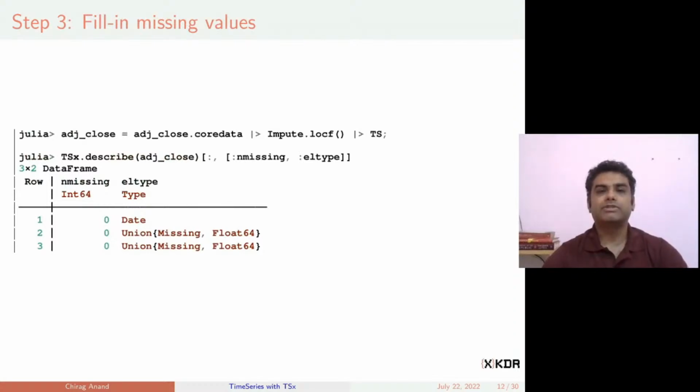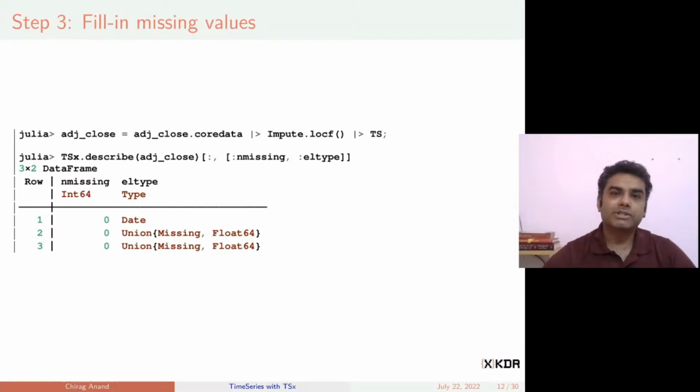The next step is to fill in missing values which may have existed in the original data set or may have been introduced after doing the cbind or the join operation. We use impute.locf from the Impute.jl package to perform this operation.